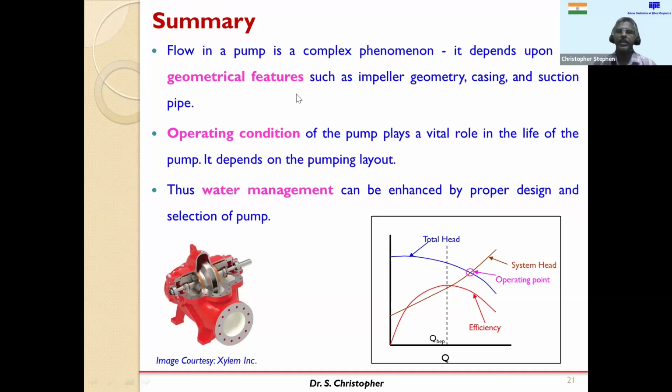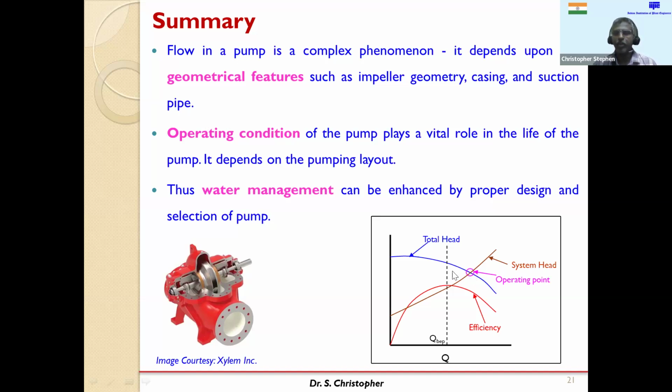So my point here is, I have designed the pump to the best design. The impeller and casing, everything is designed for the best operating condition. But whether the pump is operating at the right operating condition depends on the intersection of the system curve and the total head curve.